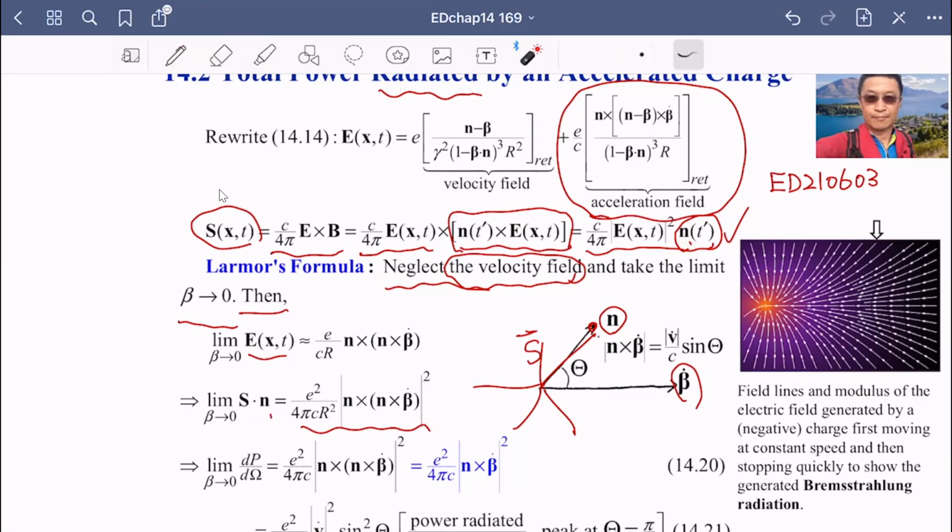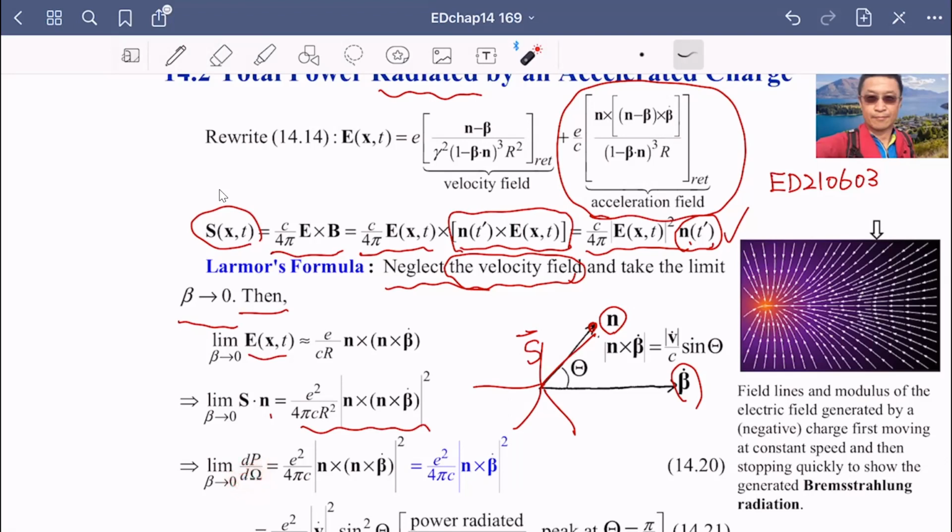And power per solid angle. The power is the Poynting vector times R squared, with solid angle 4 pi R squared to be integrated.